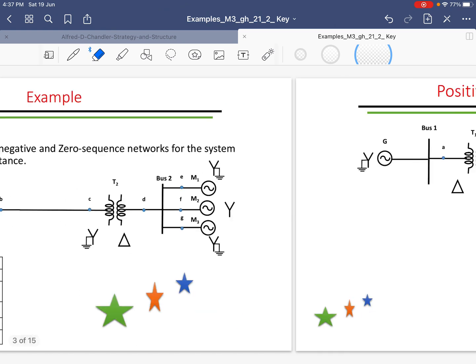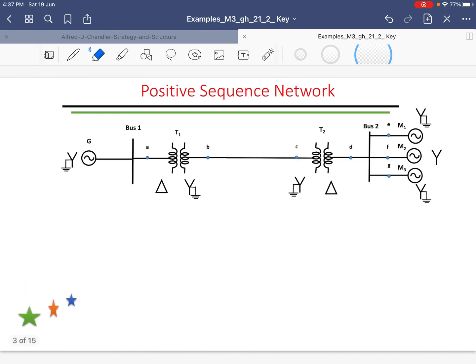As I told you while discussing the theoretical aspects of the positive, negative, and zero sequence networks, the source of voltage exists only in the positive sequence network, that is the generator and motor. The transformer and the other components are passive elements in the system and do not possess any source of voltage.